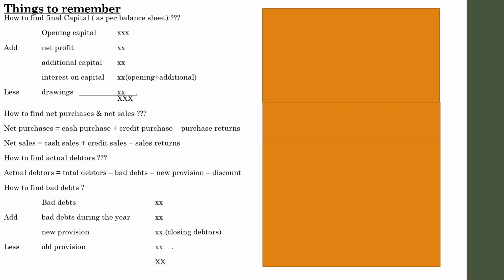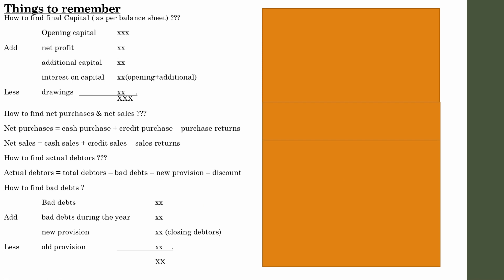Previously, we discussed how to find the amount of capital that has to be shown in the final balance sheet, otherwise known as the final statement of affairs, and how to find net purchases, net sales, and how to show the actual amount of debtors in the balance sheet. All these points are just a tip for understanding and familiarization.